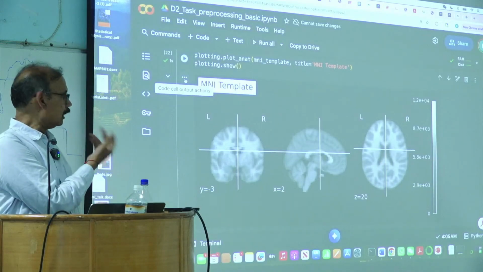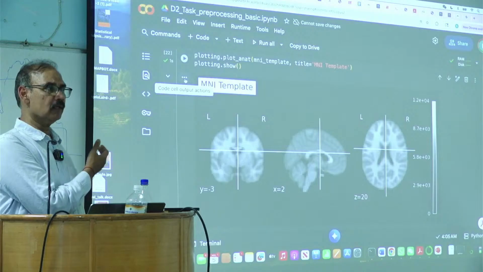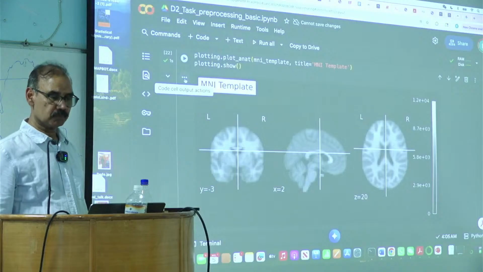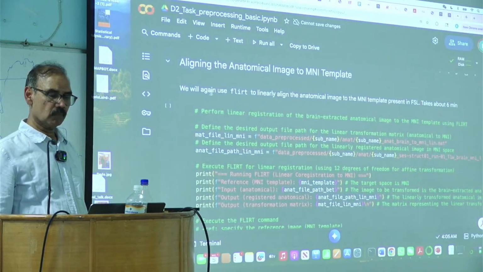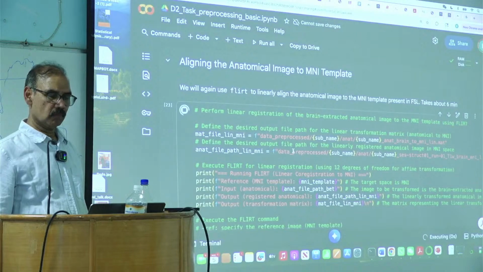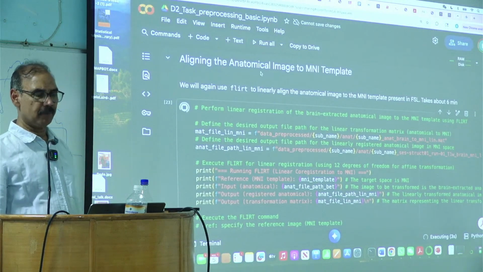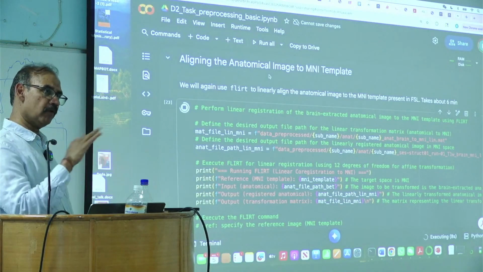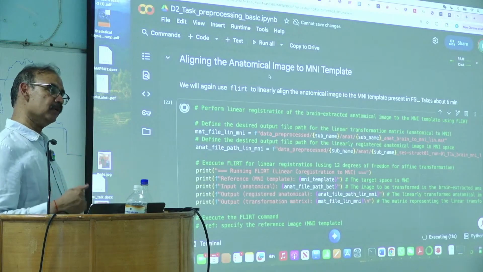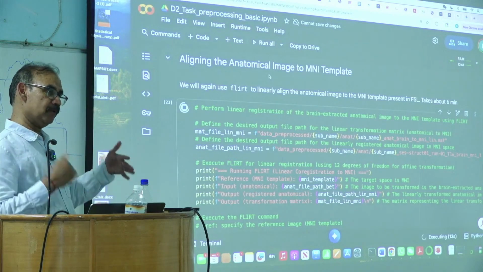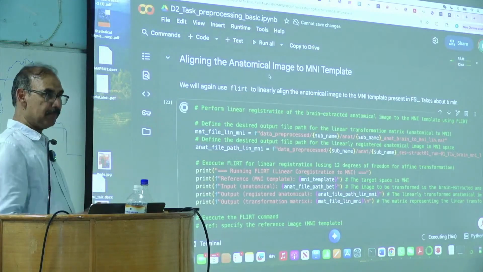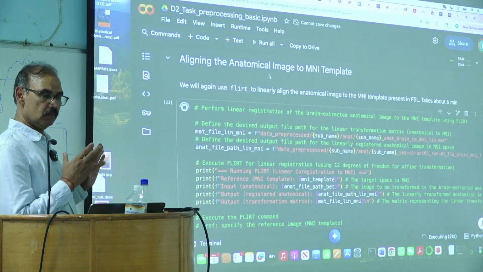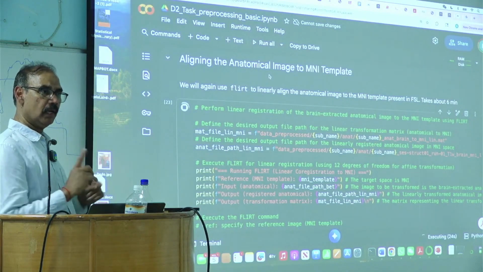So by looking at your data, I can tell which location and where you are, right? So we first do the registration for functional, then we do registration between anatomical and functional. Now we are transforming between anatomical and MNI.